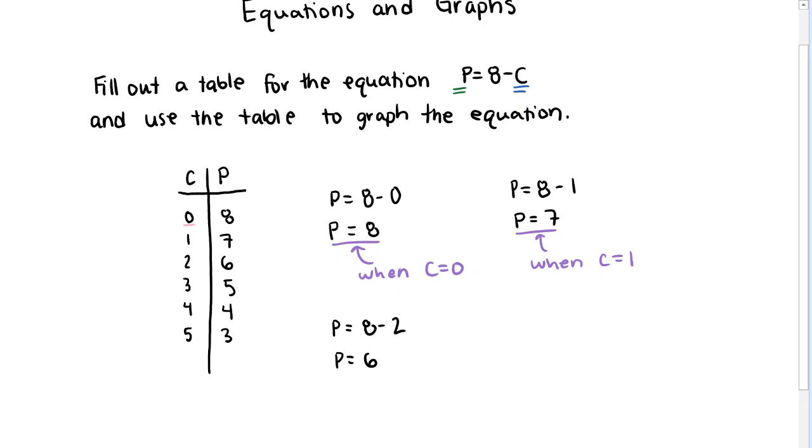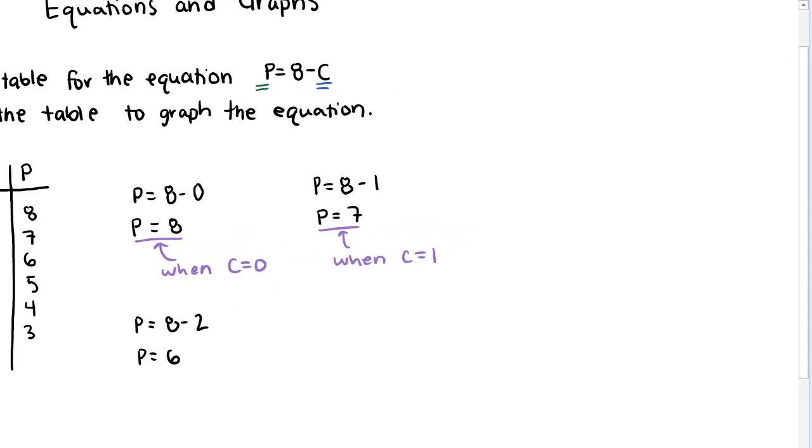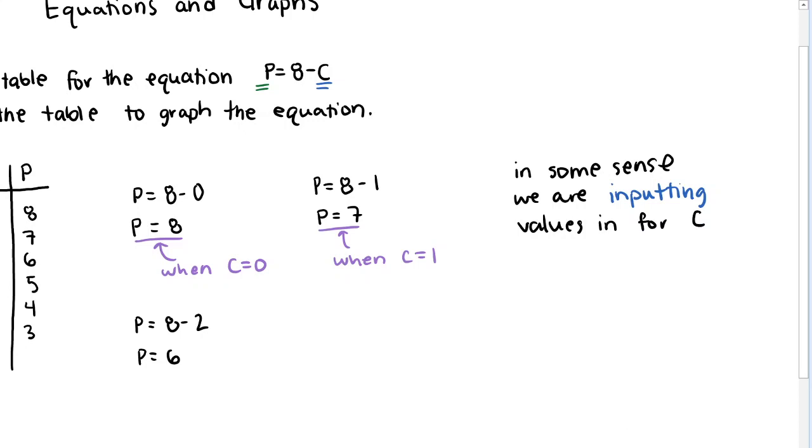In some sense, I'll write this off to the side here. In some sense, we are inputting values in for our c variable, our first variable, and the p values, right, these are the results that we get out from our equation.